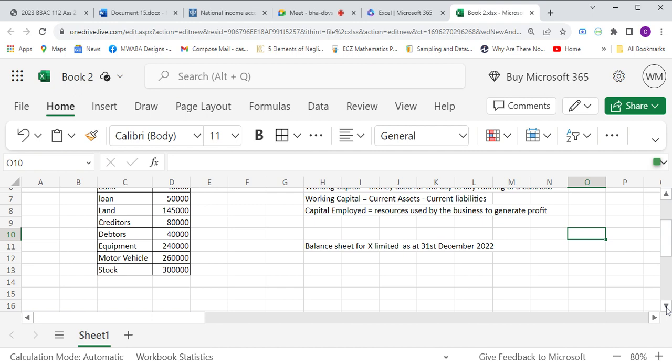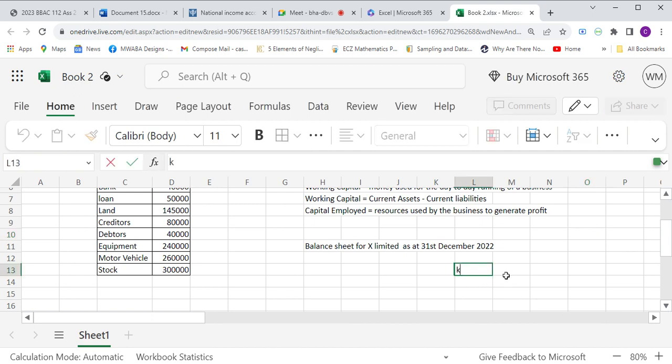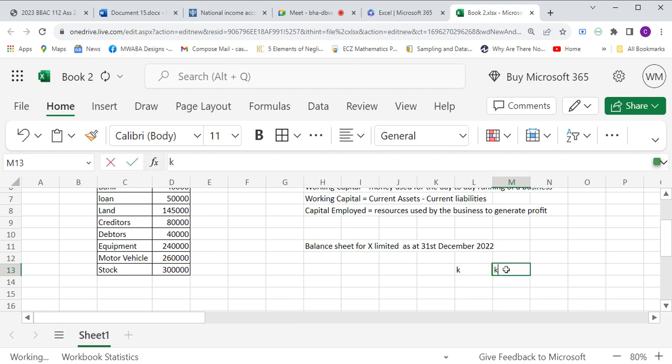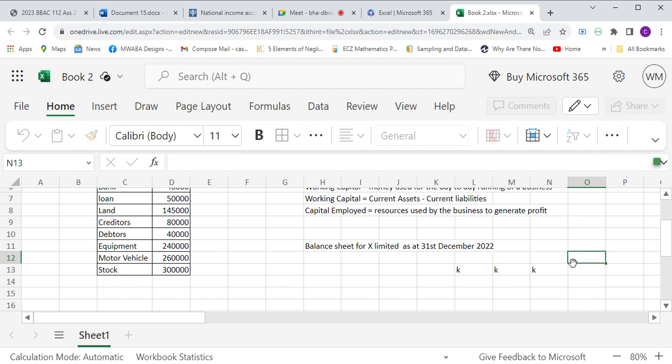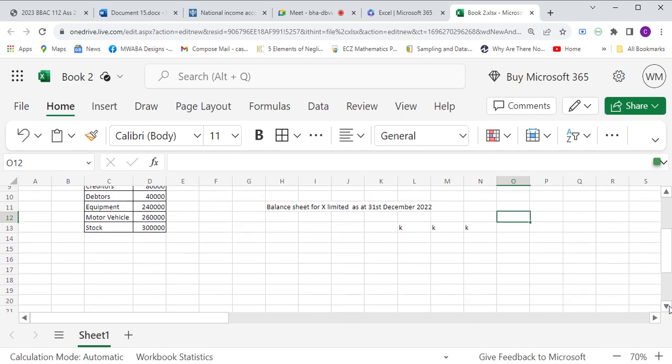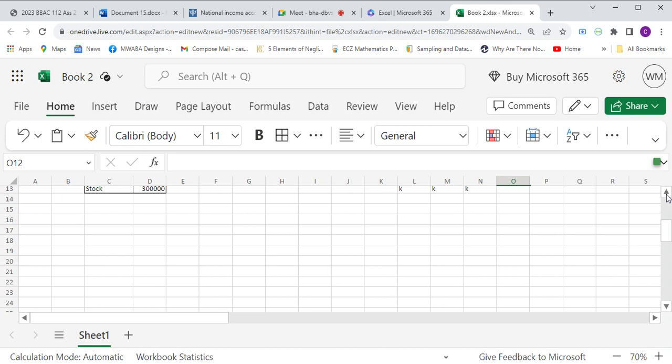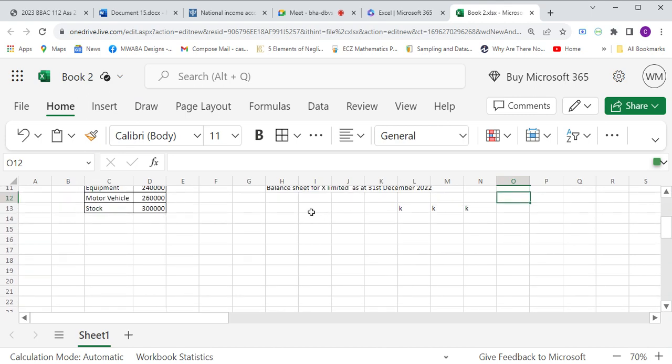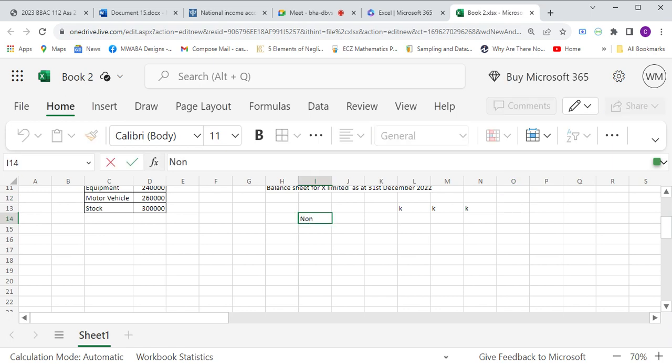So the balance sheet is going to have three columns here. We're going to start with our non-current assets, also called the fixed assets.